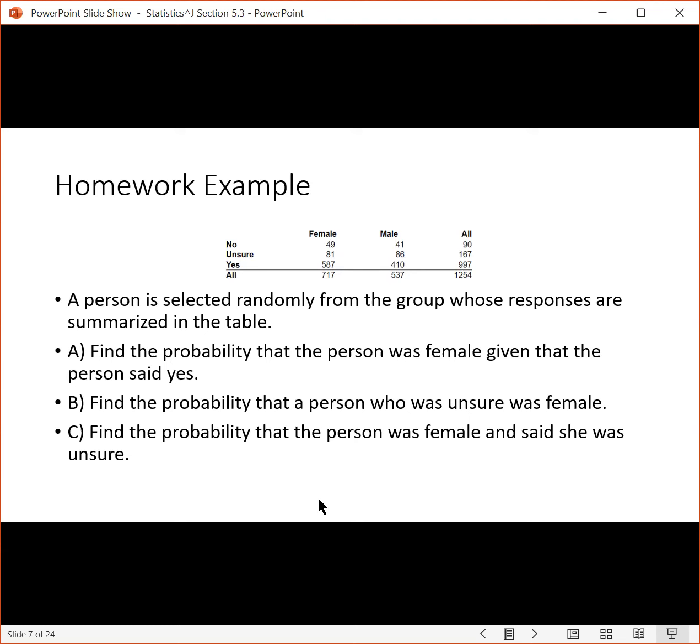And then finally, just to drive this point home with the and, if we want to find the probability that the person was female and she said she was unsure, we look through the table, we find female, unsure, there's 81 of those, and it's 81 over the total from the entire table, 1254.